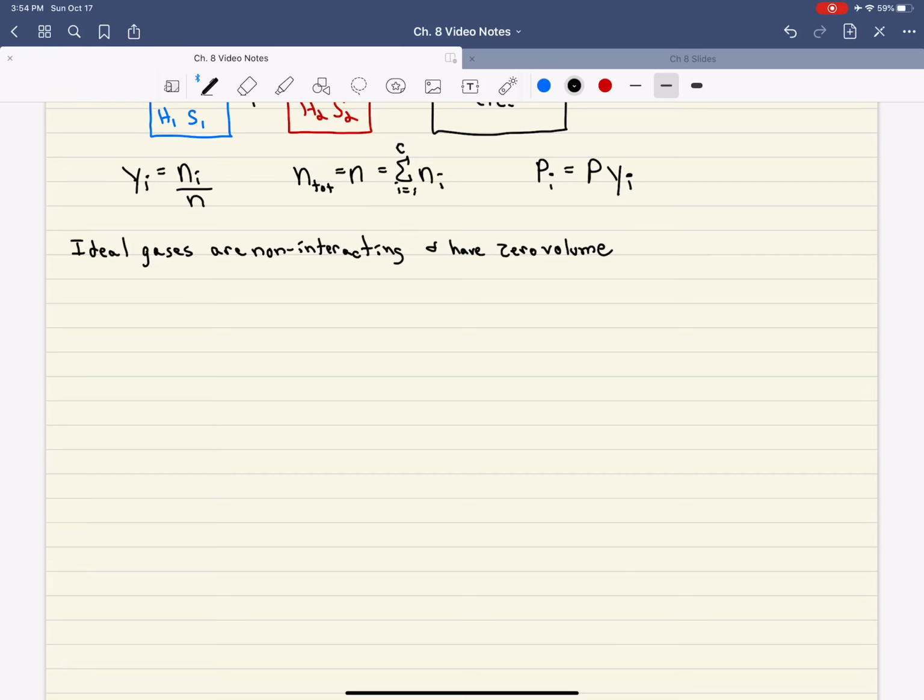But based on these assumptions, that all the molecules in our gas mixture are non-interacting and have zero volume, we could apply a mathematical framework known as Gibbs theorem.